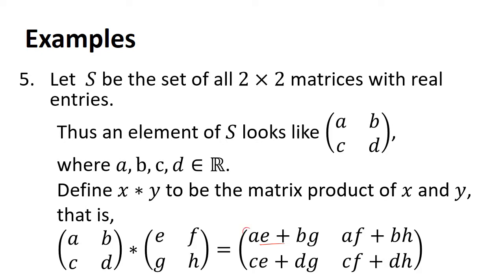The next entry, AF plus BH. Then CE plus DG, and CF plus DH. That is matrix multiplication, specifically of 2 by 2 matrices.